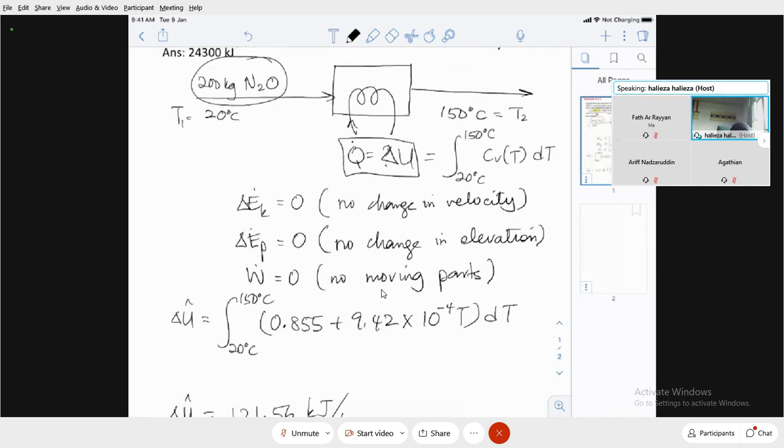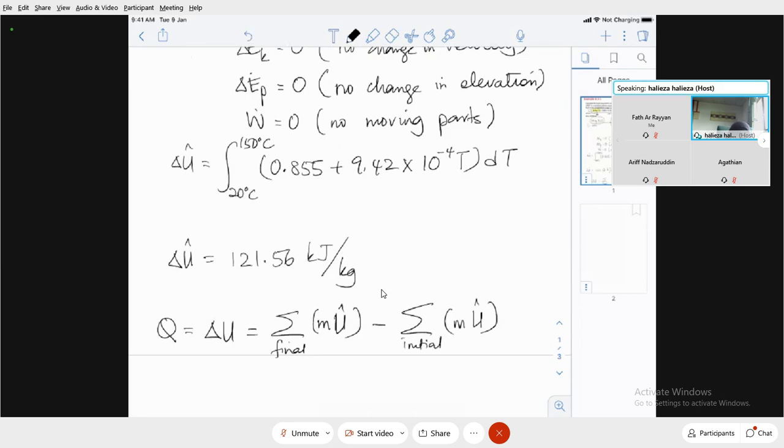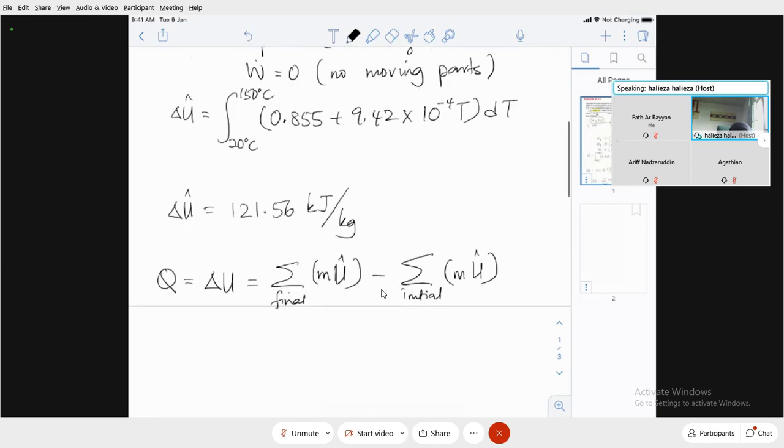So that means, if you want to calculate Q, delta U is equal to, not out, because it's a closed system. It should be m U specific final minus m U specific initial. Since you only have one mass, you take it out.